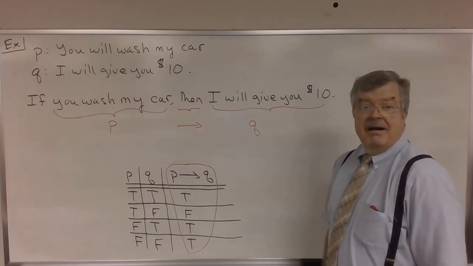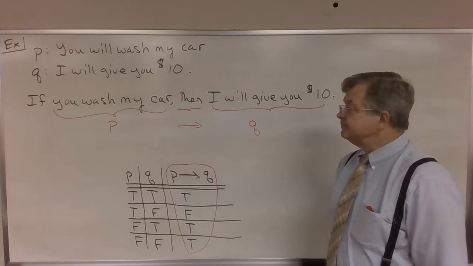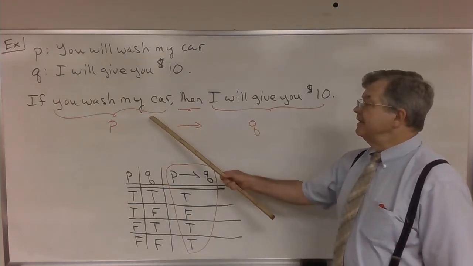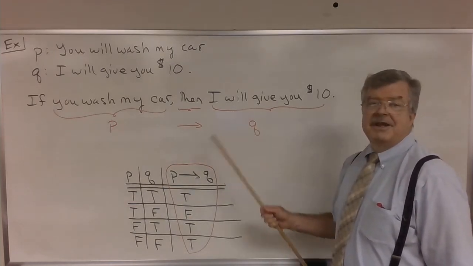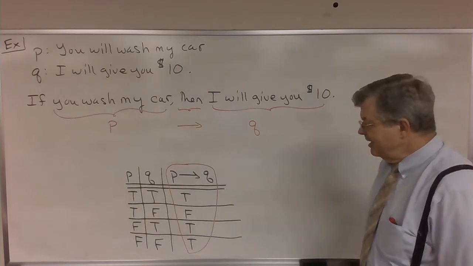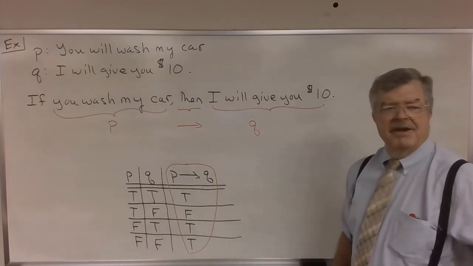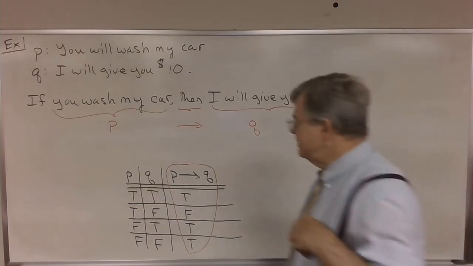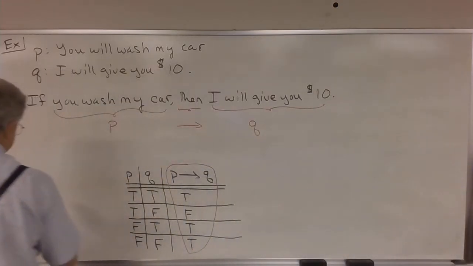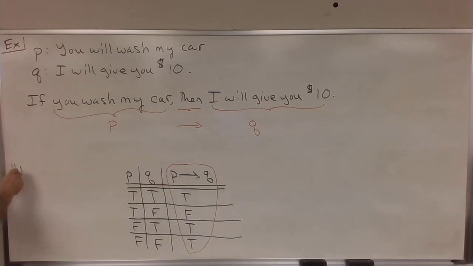And I'm not unhappy. You didn't wash my car, but I didn't give you the $10 either. So for a conditional statement, an if-then statement, this is the truth table.